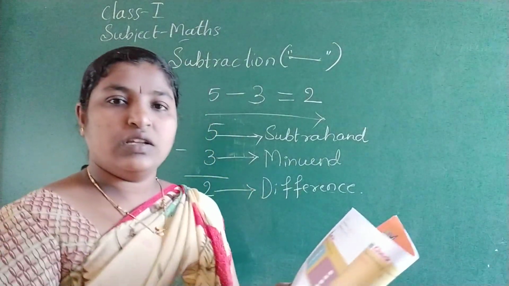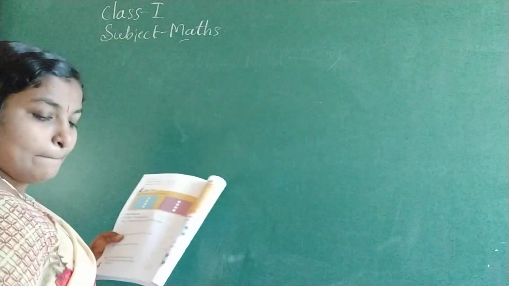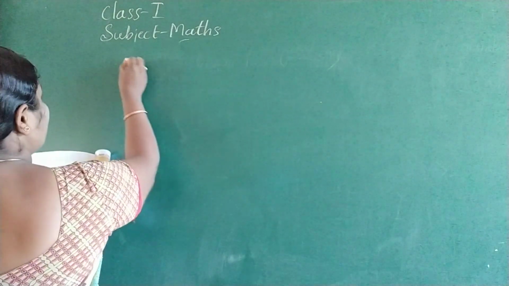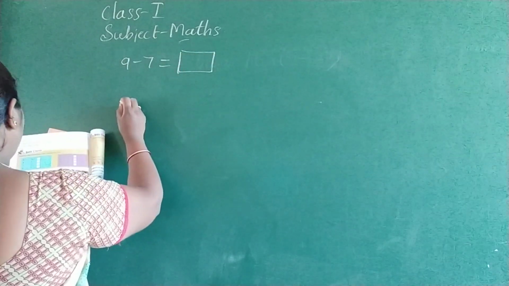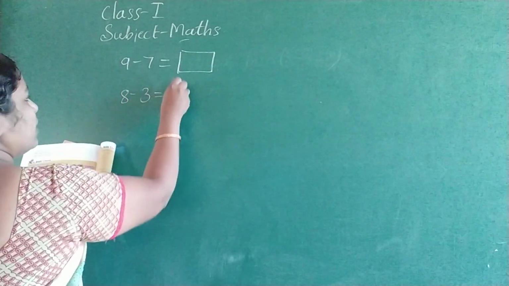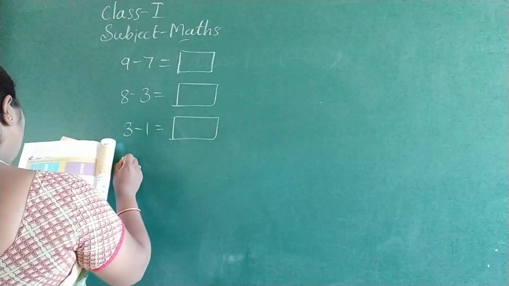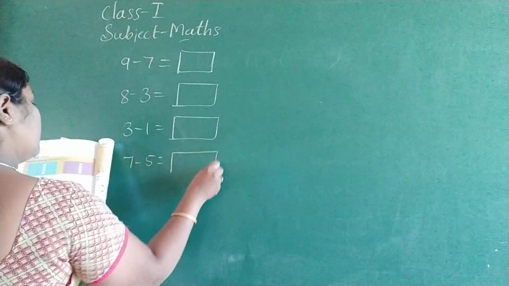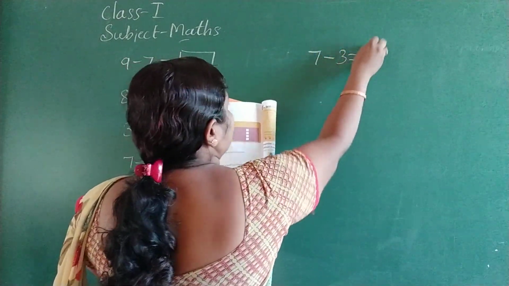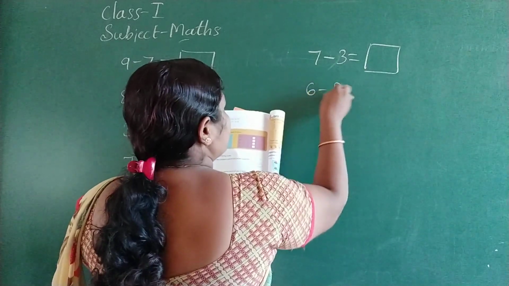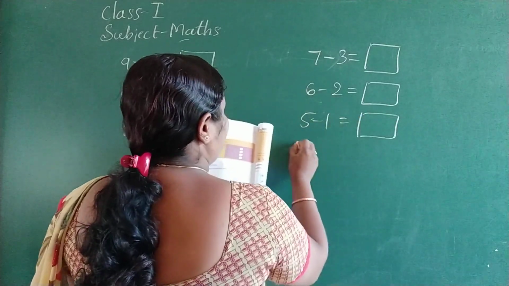Now quick check. Okay, we'll go for quick check. These are the subtractions to do horizontally. 9 minus 7, 8 minus 3, next 3 minus 1, 7 minus 5, next 7 minus 3, 6 minus 2, 5 minus 1, 4 minus 2.